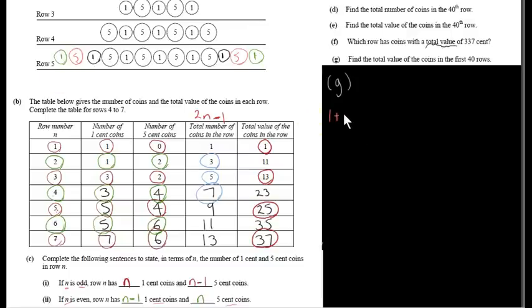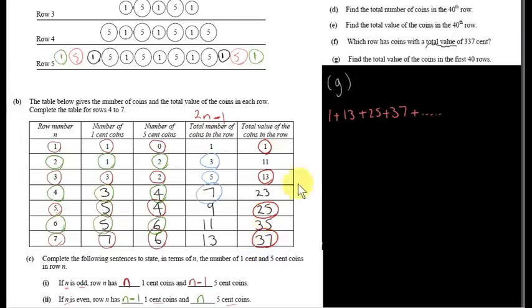So we have 1 plus 13 plus 25 plus 37, and we keep going. Now, how far do we go? That's the question. Anyway, I'll get back to this.